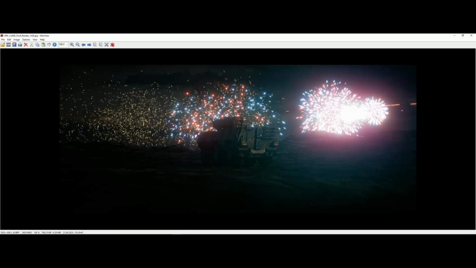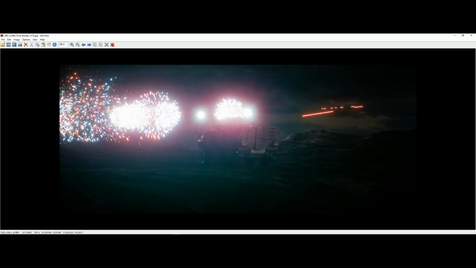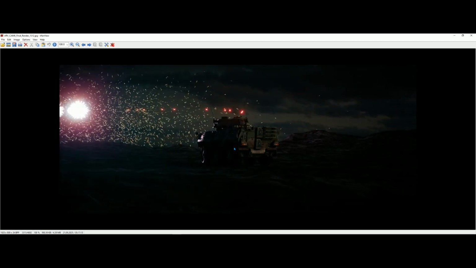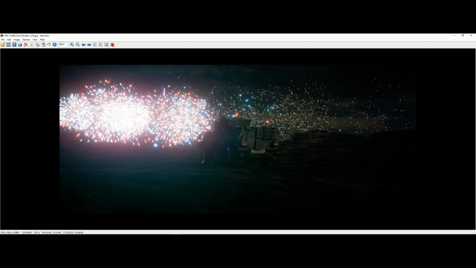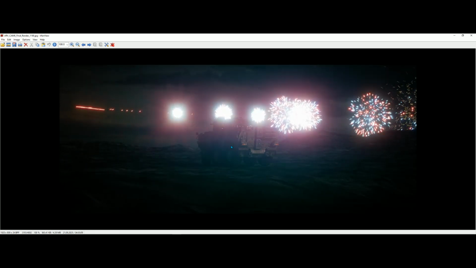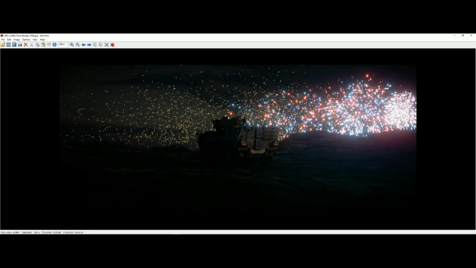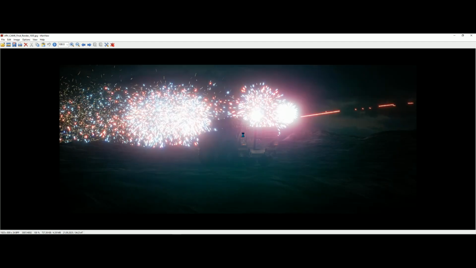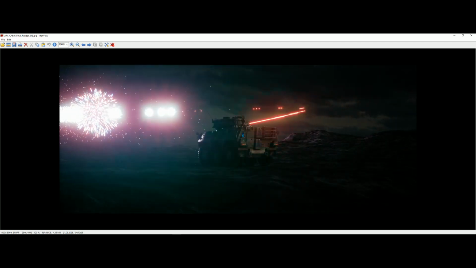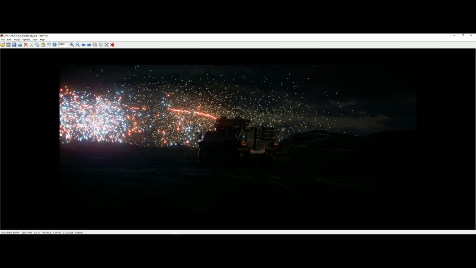So I have here, for example, a shot where the ARV, that vehicle, stands up and rotates a little bit his tower and brings the particle systems to life, yeah.